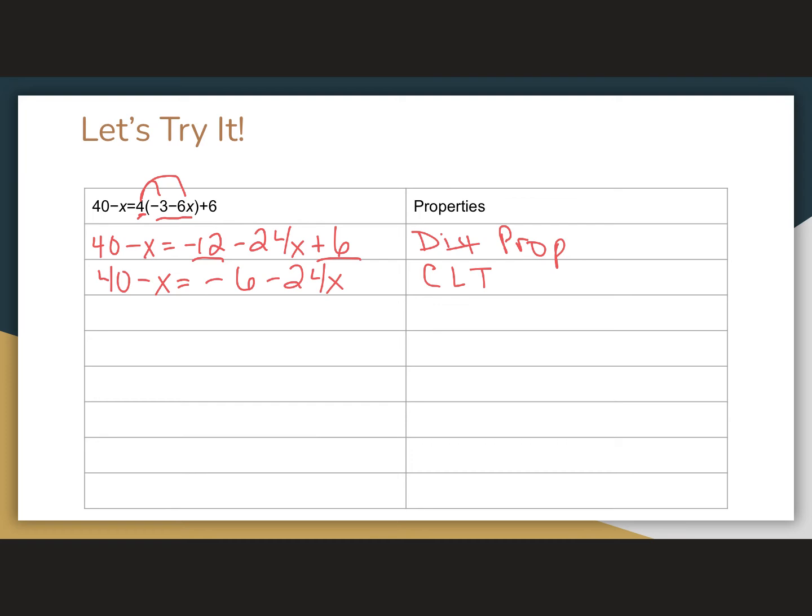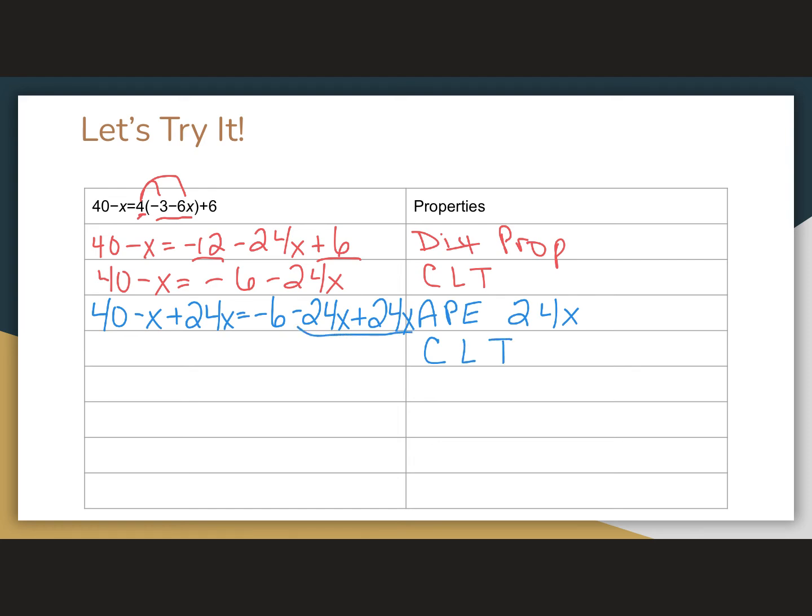My next step is to add 24x to both sides. So I have 40 minus x plus 24x equals negative 6 minus 24x plus 24x. When I combine my like terms, these are going to go away.